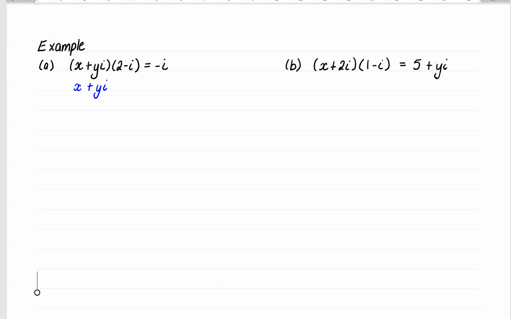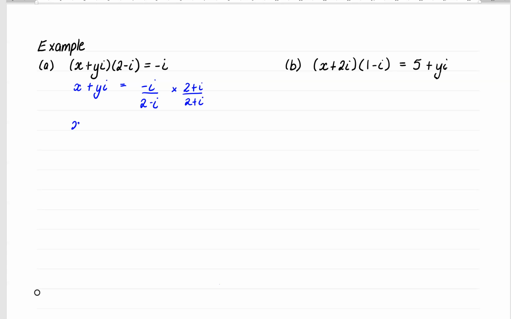So we'll say we get rid of the times 2 take i, we are going to divide by 2 take i. No, hang on, that's not very nice because we're not allowed to have imaginary numbers downstairs. So to get rid of that, we're going to multiply by its conjugate.